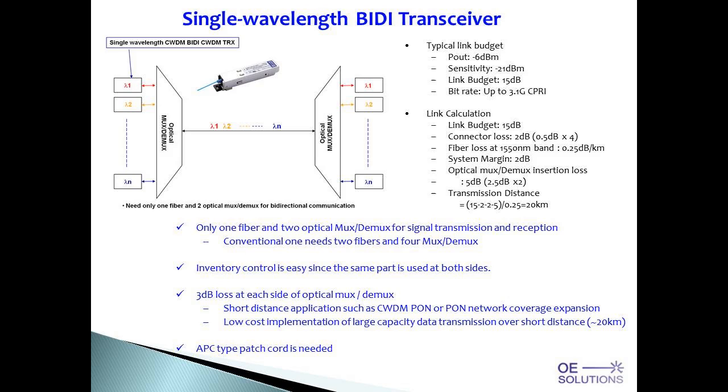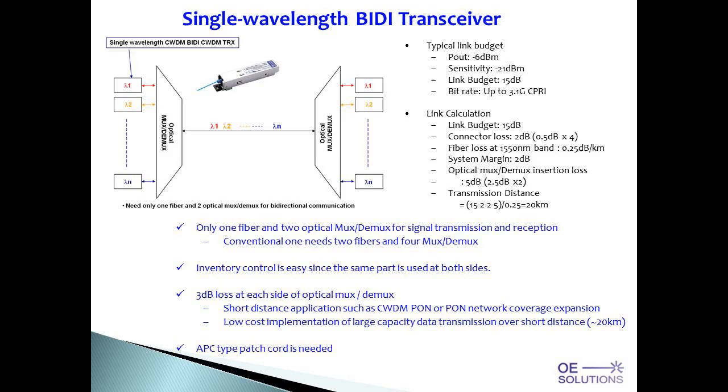And as I explained before, only one fiber and two optical mux-demux are used for the system. If you use a conventional duplex type CWDM SFP, you would have to use 4 different mux and demux for the same type of link. That is a huge advantage of using single fiber, single wavelength SFP solutions.